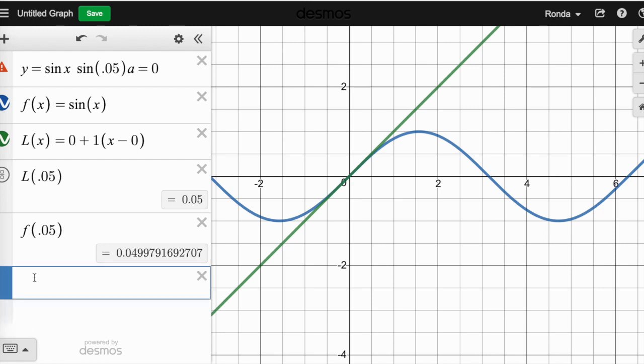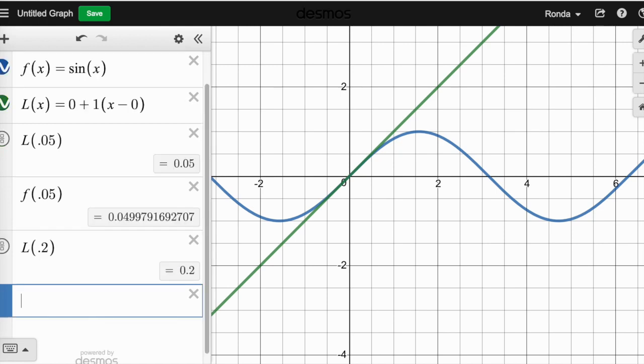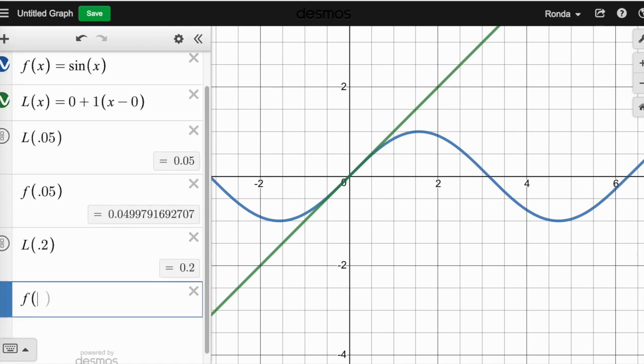I could maybe go a little further. What if I did L of 0.2? So that gives me 0.2. What is f of 0.2? Well, that's still a reasonable approximation. L of 0.2 is 0.2, and if I round this, it would also be 0.2. This obviously has more decimals and is more accurate to more places, but for an approximation, this is a pretty good approximation.